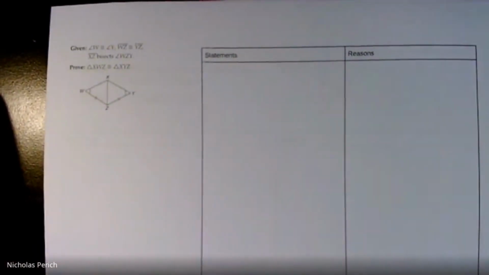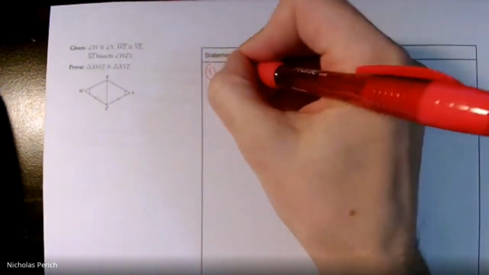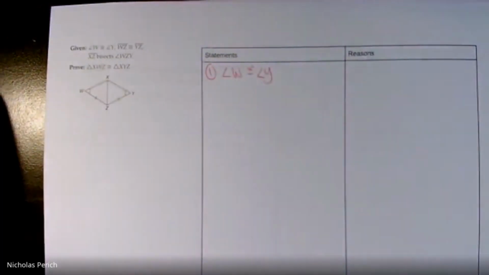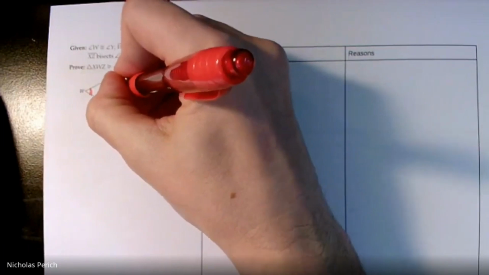Okay. So I'm going to write out the given anyway, so don't freak out too much. This is what the given says. Angle W is congruent to angle Y. Even if you have a hard time seeing the wording, you can still see the letters. That angle W is congruent to angle Y, so I have an angle.